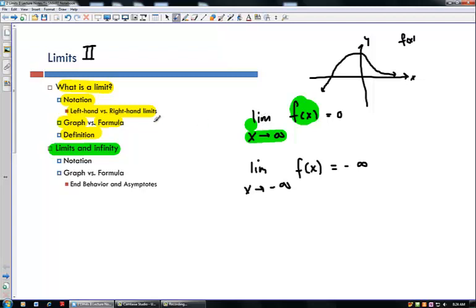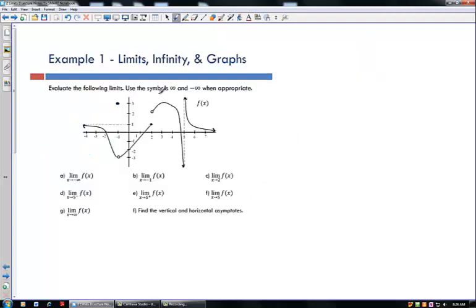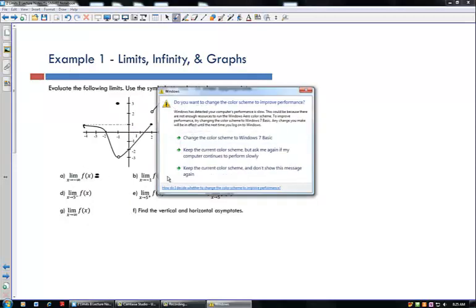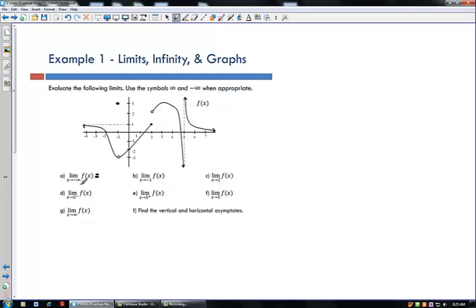So let's look at an example involving a graph. Down here I have a bunch of different limits, and I want to use this graph to answer these questions. So this first one says, what's the limit as x goes to negative infinity of f of x? So negative infinity, remember, infinity is sort of like a concept. It's not really a number. It says basically what's going on all the way out to the left here.